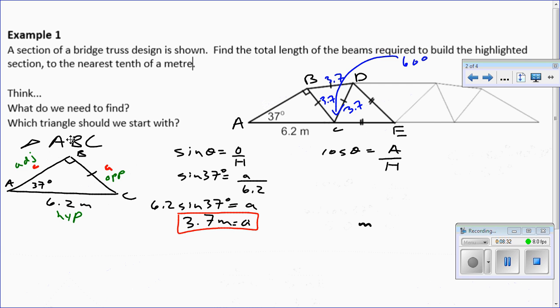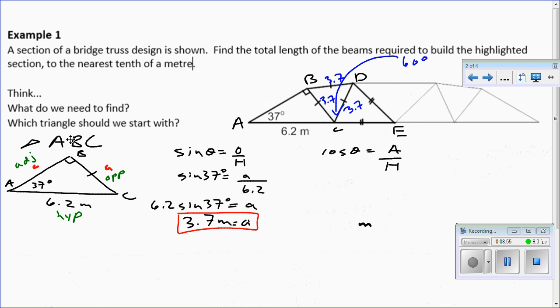So now, for the last side, C, we're going to have to use cosine theta because we have an adjacent and a hypotenuse. Now, I would say always use the referenced information directly from the triangle. Don't just start using the side that you just calculated, because sometimes you may have made a mistake.